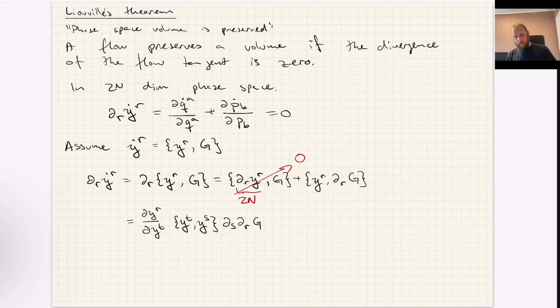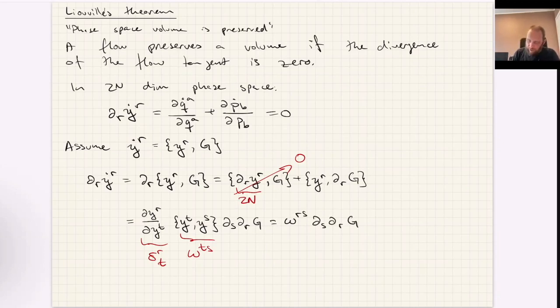Okay, and so we can look here at this derivative. This is a delta_rt. This thing here is by definition omega_ts. So what we are left with in the end here is omega_rs d_s d_r g.